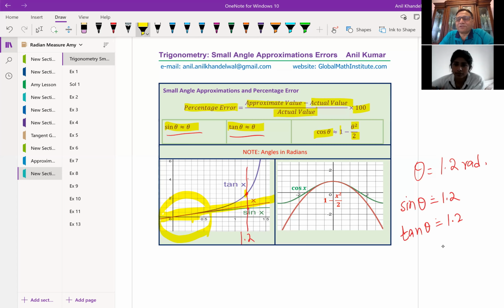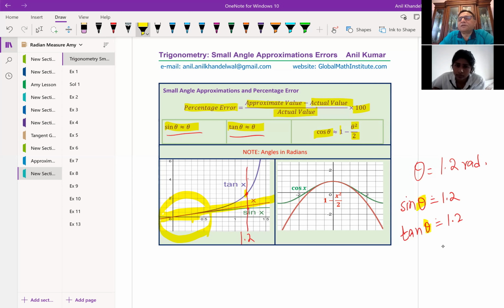Is that clear to you? So that means the difference in value between the actual and the estimated, divided by the actual value, times 100, will give us the percentage error. So that becomes a standard formula for percentage error. Clearly?